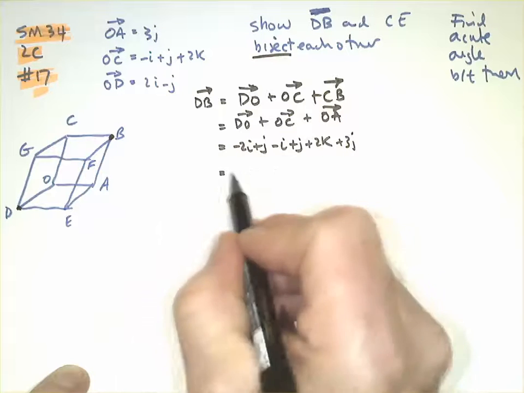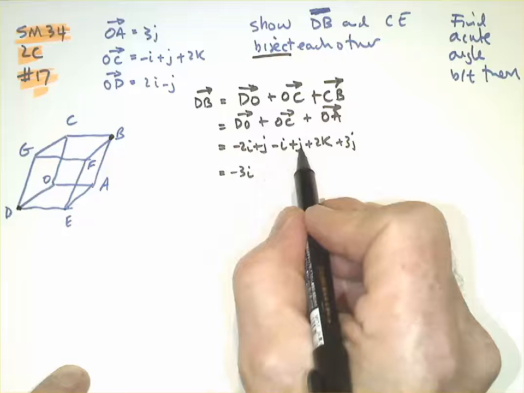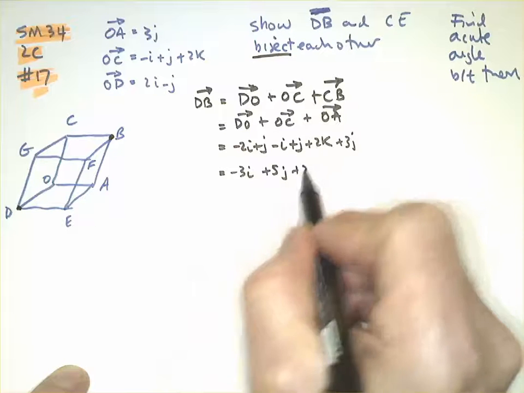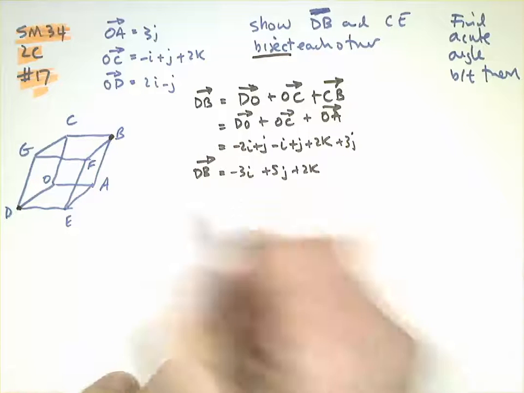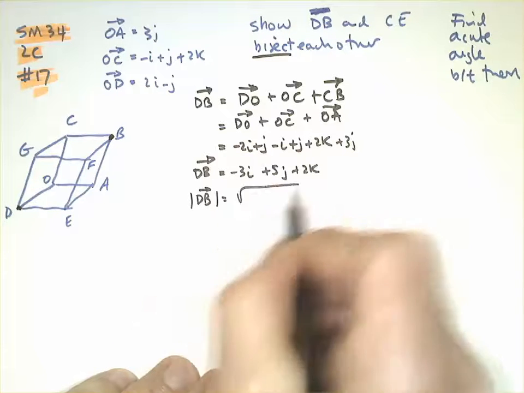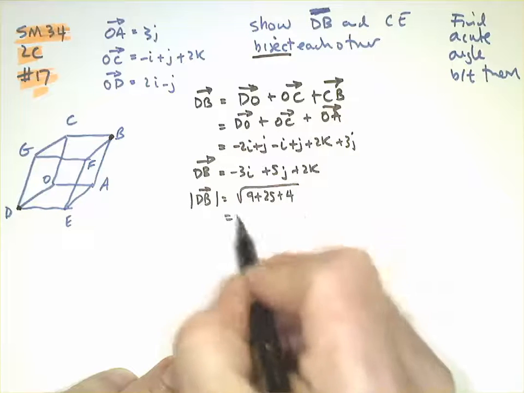So looking at the I's, minus 3I. Looking at the J's, 1 plus 2 plus 3 is plus 5J. And looking at the K's, plus 2K. That's DB. And while I'm there, the magnitude of DB will be the square root of 9 plus 25 plus 4, the square root of 38.